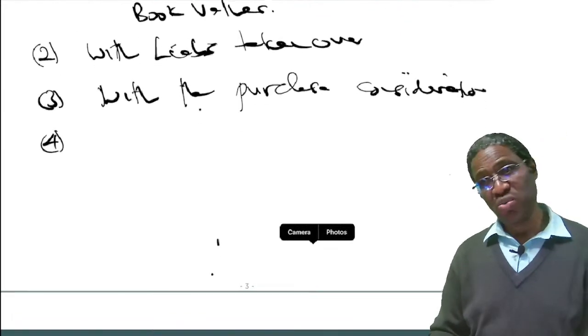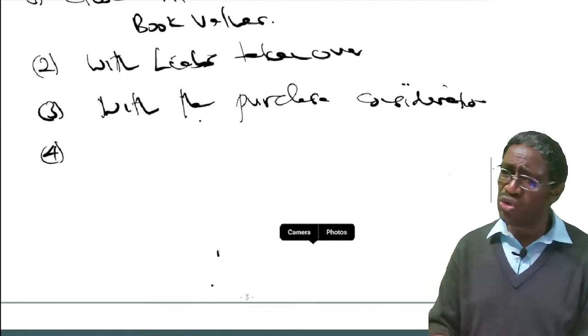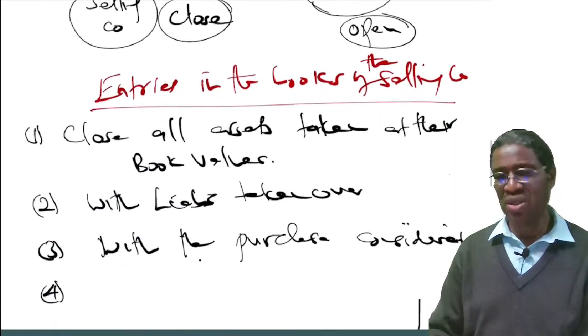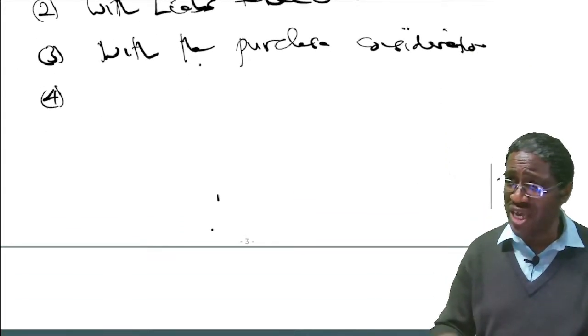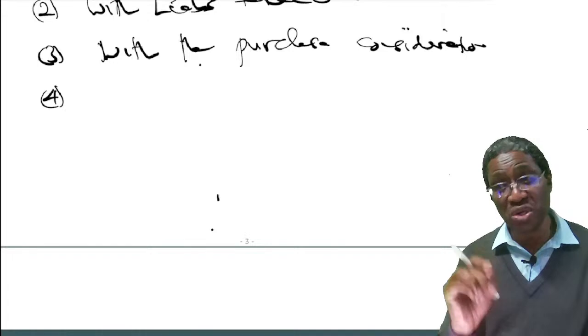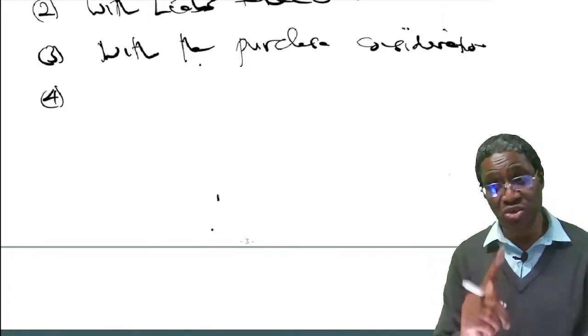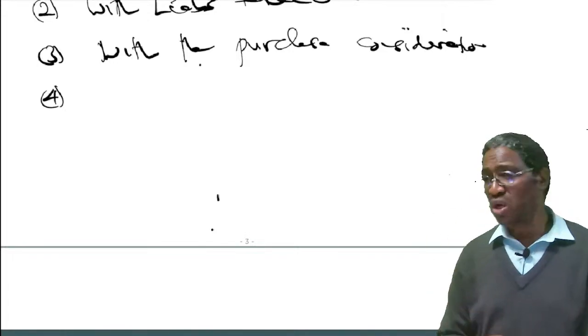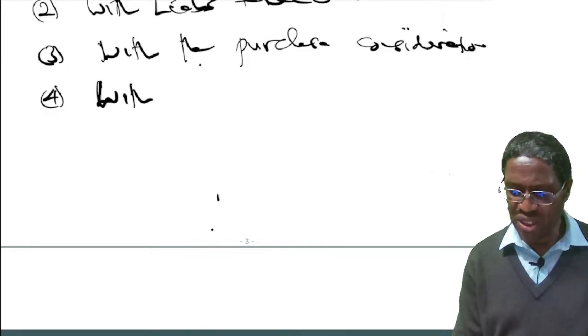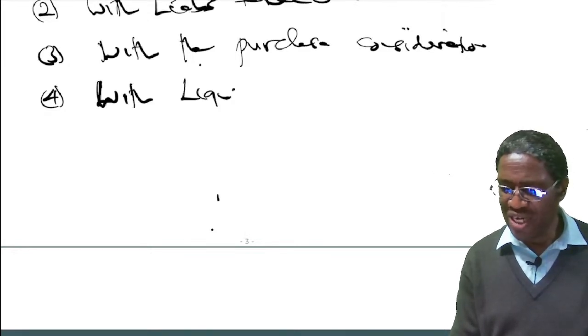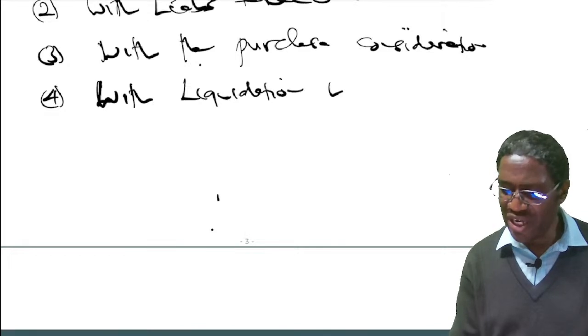Of course, when you are liquidating yourself, there could be cost of liquidation. It is your responsibility as company A to liquidate yourself so that you sell your business to company B. So number four, with liquidation expenses.